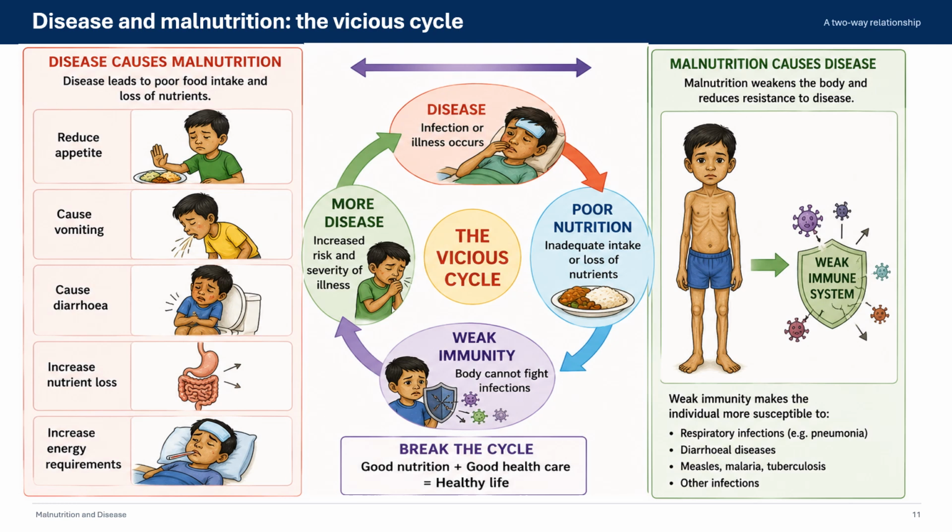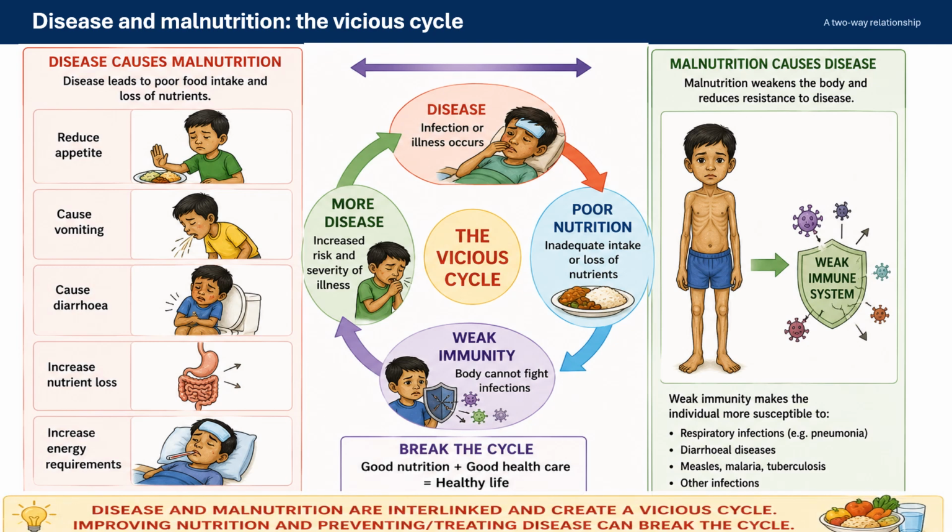Therefore, in order to break this cycle, good nutrition plus good health are essential, which will lead to healthy life. So diseases and malnutrition are interlinked, and they create what is called a vicious cycle. Improving nutrition and preventing or treating diseases can be used to break the vicious cycle.